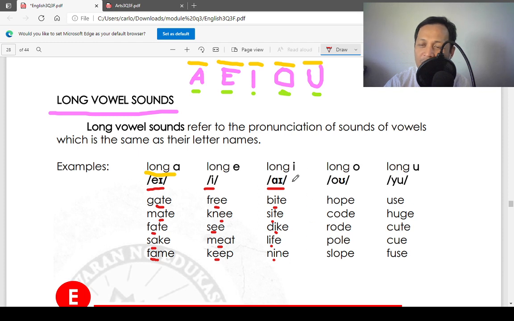Again, take note that the sound that you are hearing is I. Bite, sight, dike, life, nine.